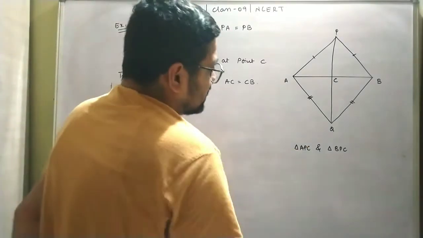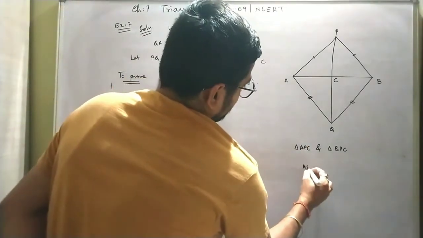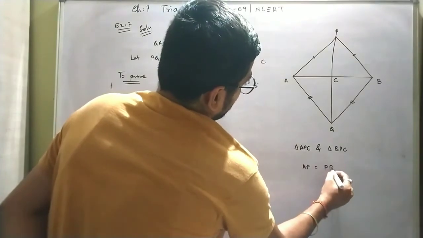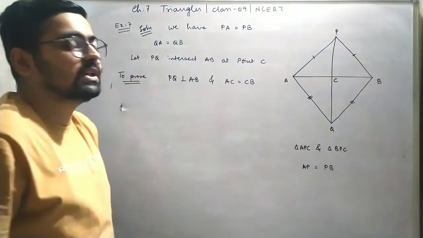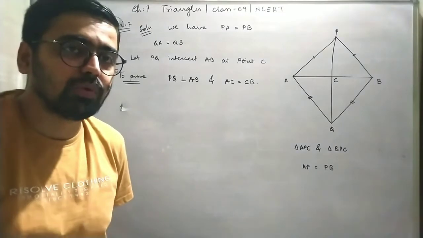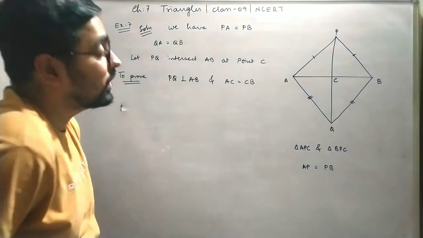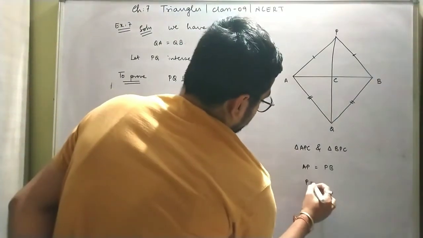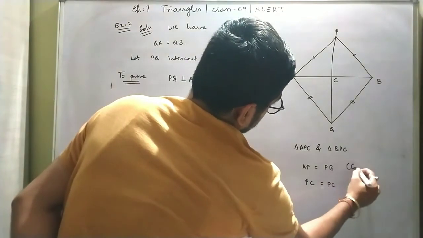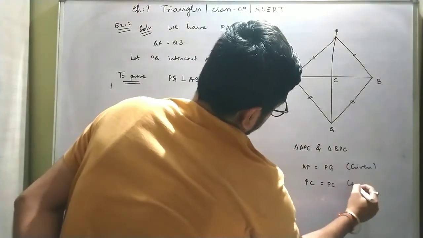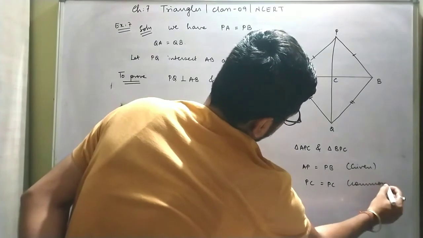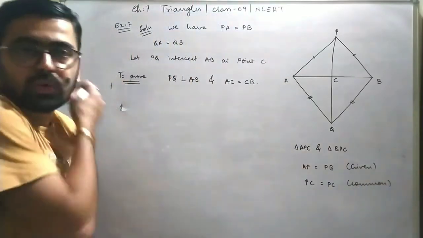Now when I look at this two, what I know is only that AP is equal to PB. Other than that, I don't know anything in these two triangles to be proved as congruent. Now, okay, we know one more thing. Sorry, let's say PC is common, because this is given and this is common. But we need at least three criteria to prove that two triangles are congruent.